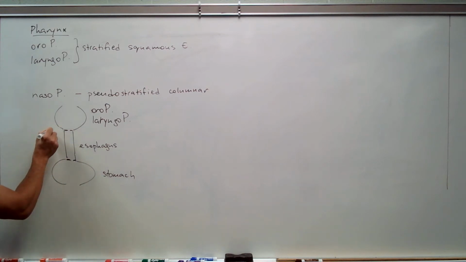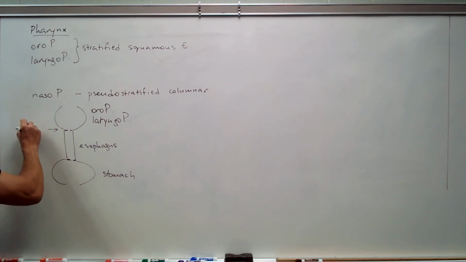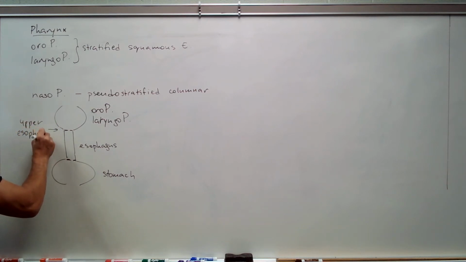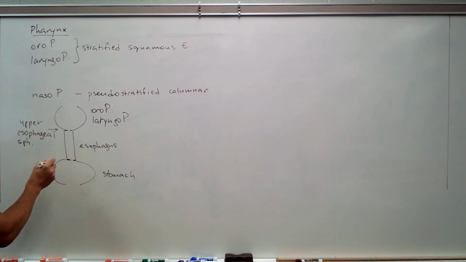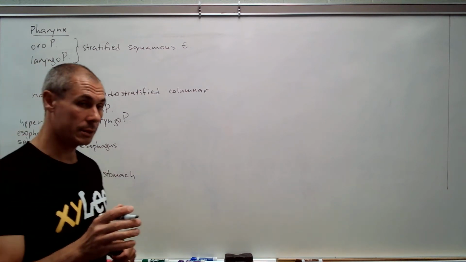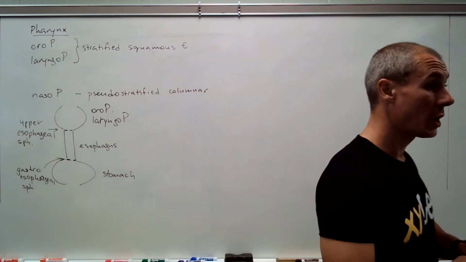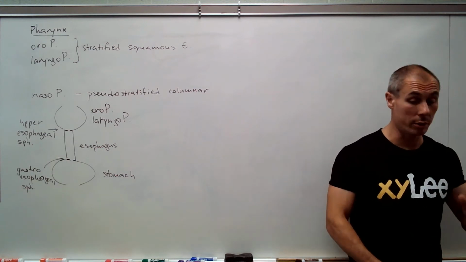So this is upper esophageal sphincter, and this is gastroesophageal sphincter. Does that make sense?